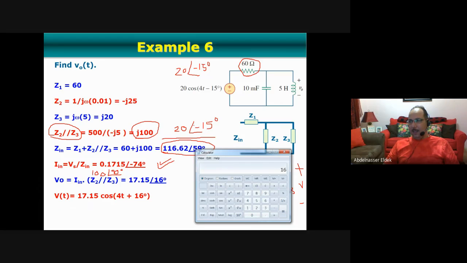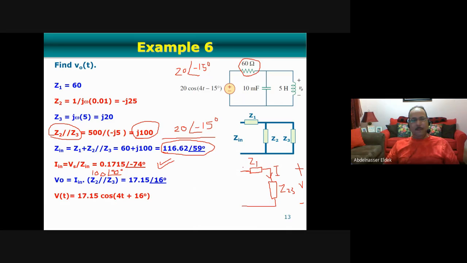This is the angle of the output voltage, the voltage across the inductor.